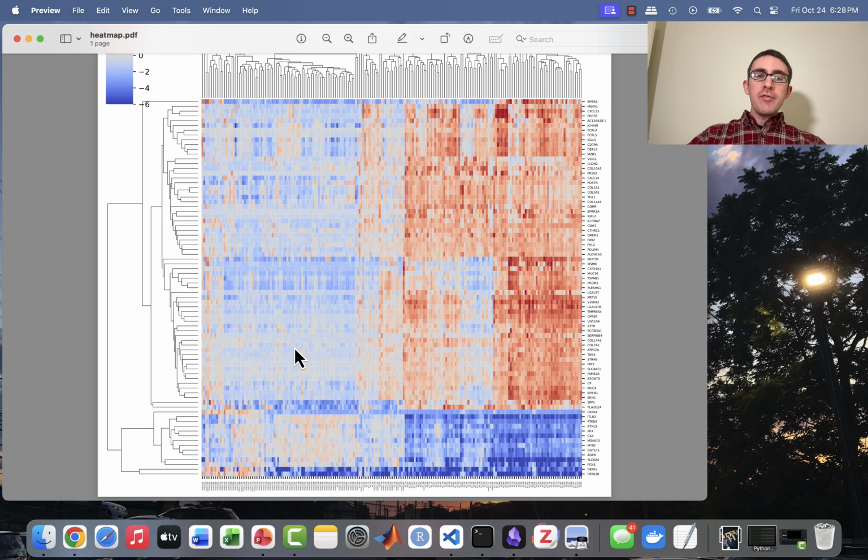So yeah, the left side is a lot of grays. Whereas the right side, we have two groups of genes, where this bottom group tends to be a lot of blue. So a lot of lower expression compared to the mean of the controls for these genes.